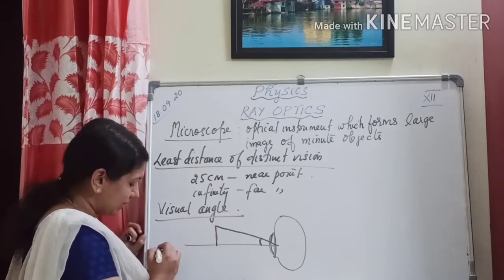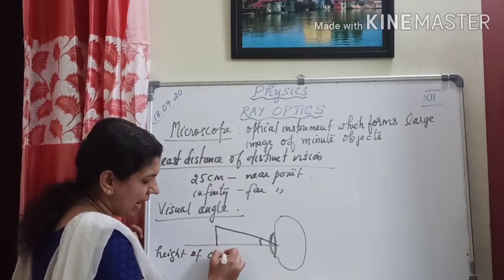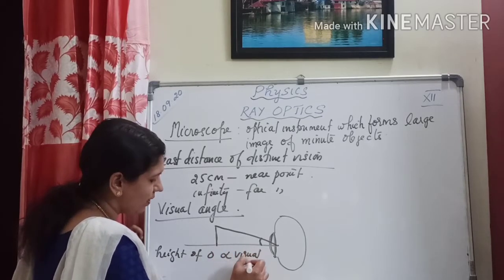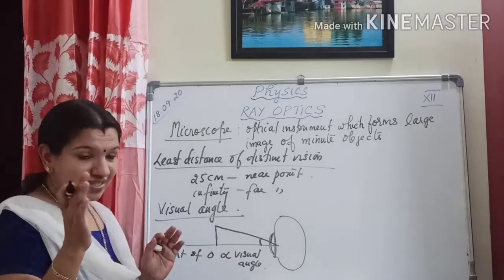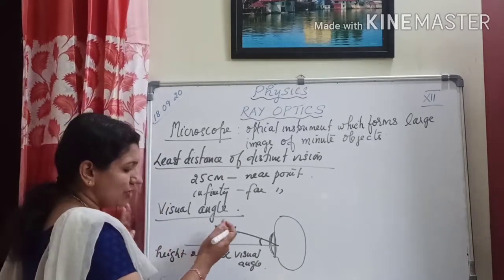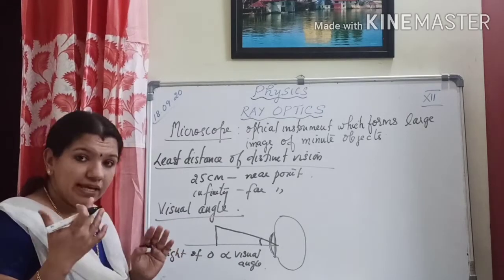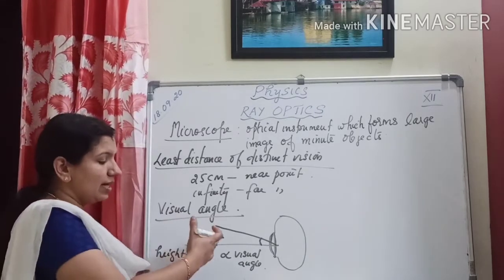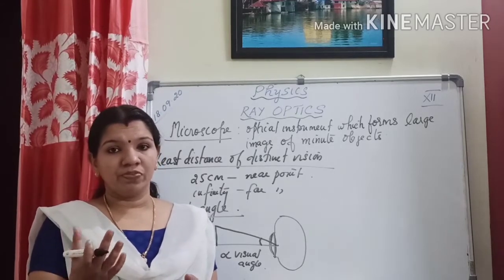You can say that the height of the object is directly proportional to visual angle. Why I say so? Just to understand only. That is, if the visual angle is very large, you can say that it is highly magnified, or magnification is more.